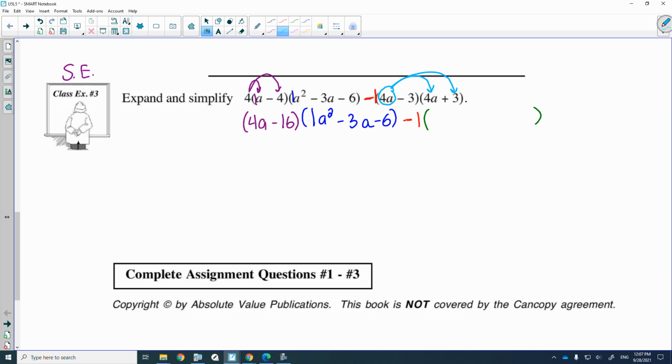So 4a times 4a is 16a squared. 4a times 3 is 12a. Go over to your negative 3 now and distribute that in. Negative 3 times 4a is negative 12a. And negative 3 times positive 3 is minus 9.